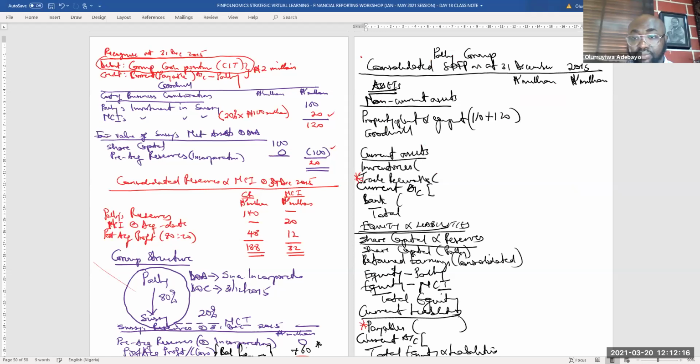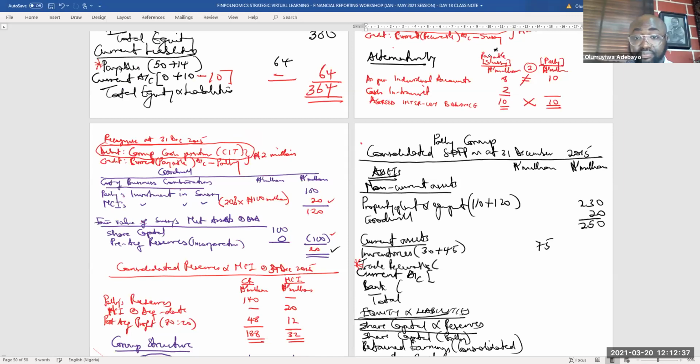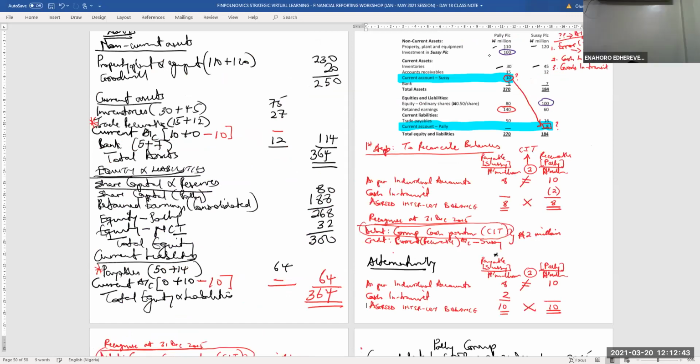That gives $250. Inventory, 30, 45. That's 75. Trade receivable, 15, 12. 27. Current accounts, 10, nil.